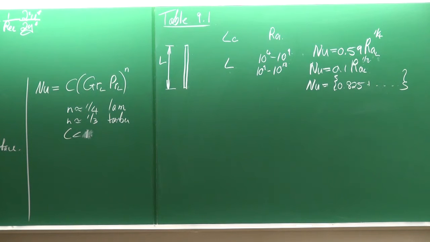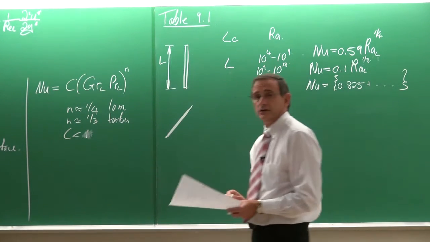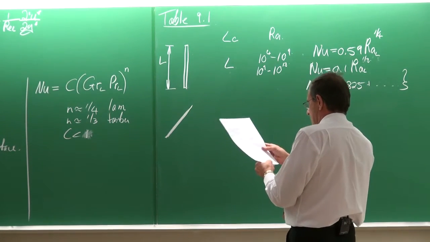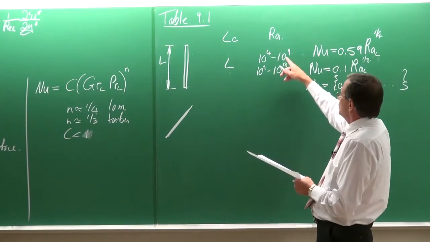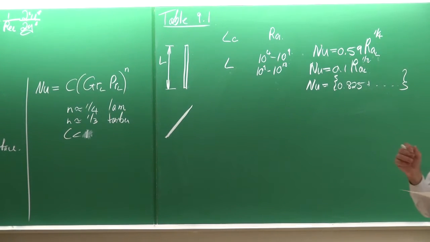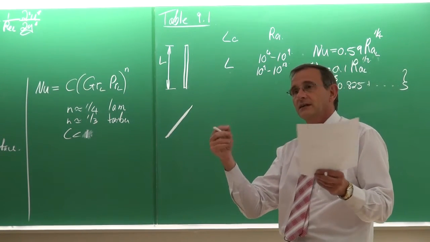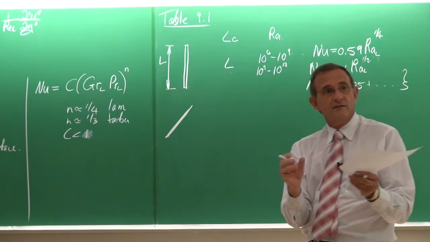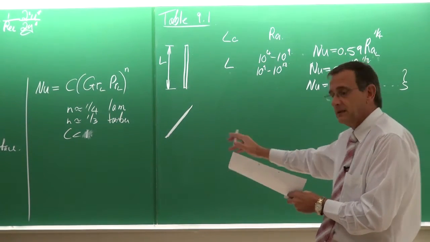Okay. Then, the next one is an inclined plate. Again, they give you the characteristic length, and they tell you that in certain circumstances you can actually use the equations of the flat plate. And students find it very confusing. You won't find it confusing now. You'll read it and you'll say, that's great, until you have to do a problem. And then you're going to be stuck. It is very confusing. You really have to understand what they're trying to say, and I'm going to explain it to you a little bit later.